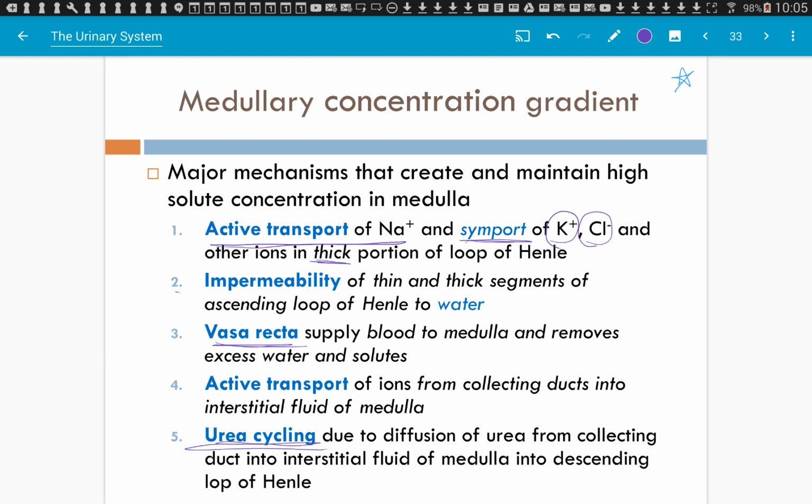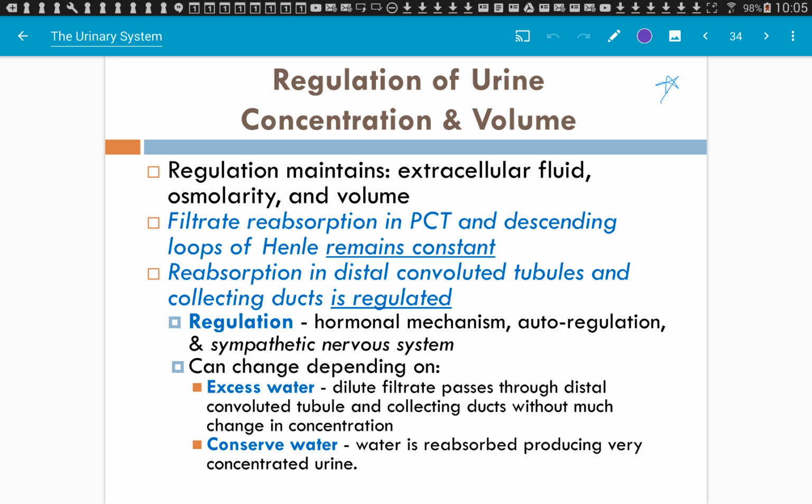This happens in the collecting duct. You actually have urea, which is a waste product, diffuse out of the collecting duct into the interstitial fluid of the kidney itself, and that also helps maintain that higher concentration gradient within the deeper parts of the medulla. So those are the 5 very important mechanisms to help maintain that.